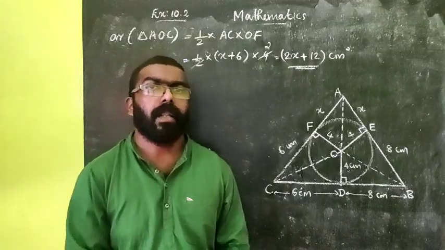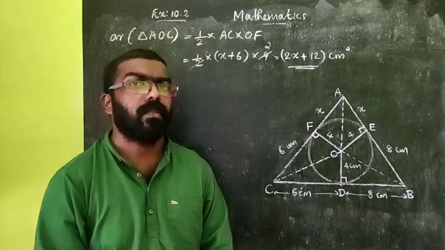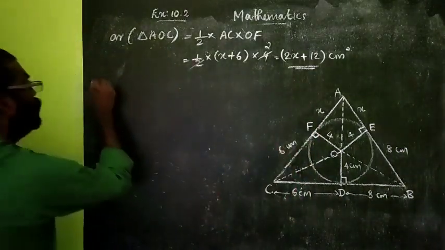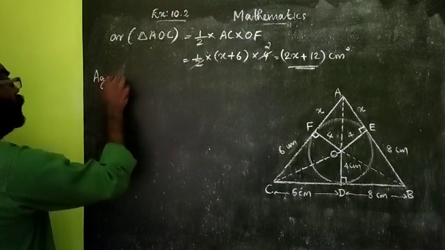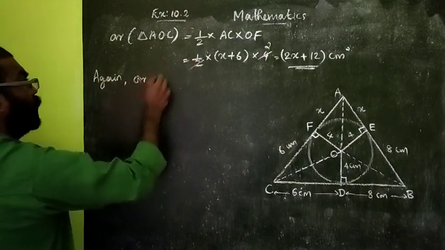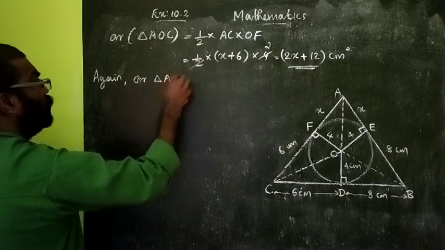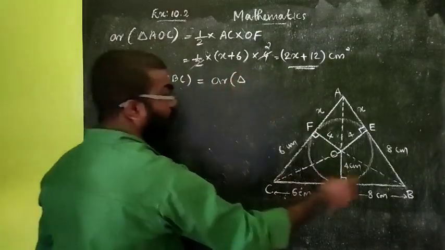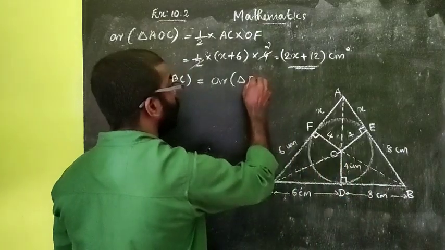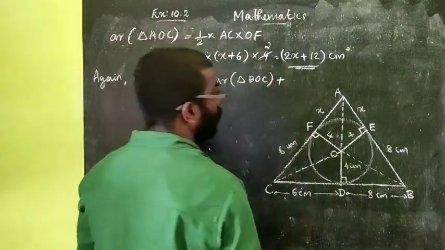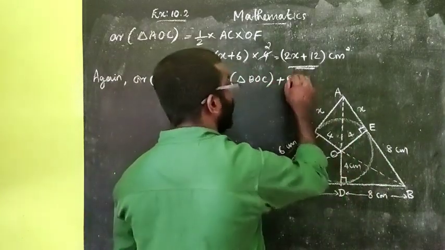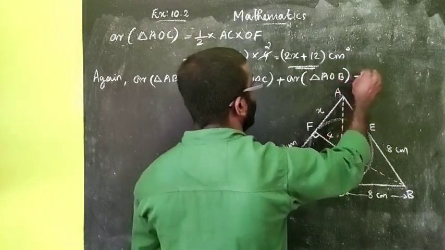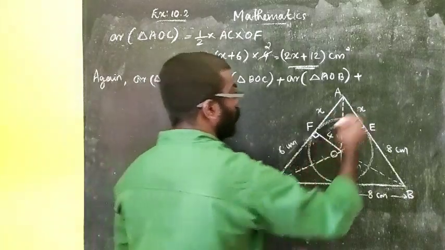Okay. Now we can add these three areas to get the area of triangle ABC. So we can write again, area of triangle ABC equals area of triangle BOC, plus area of triangle AOB, plus area of triangle AOC.